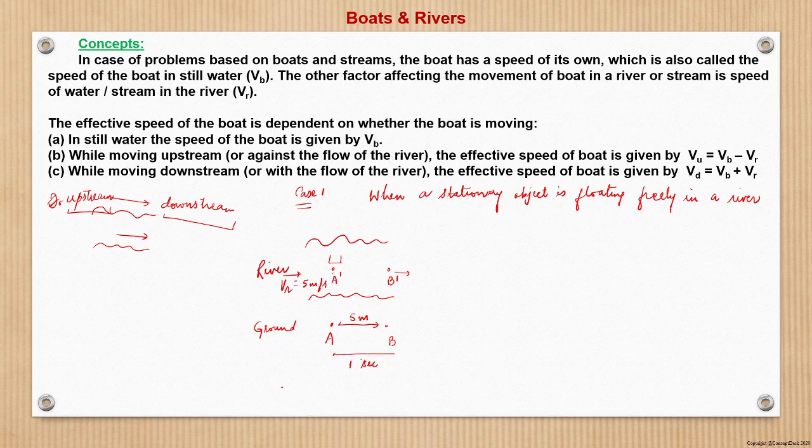So can we say with respect to ground, the velocity of the hat is nothing but 5 meter over 1 second, that is 5 meter per second, which is the same as the velocity of the river. This velocity we are referring to with respect to ground, that a person on the ground would observe the hat to be moving at a rate of 5 meter per second.